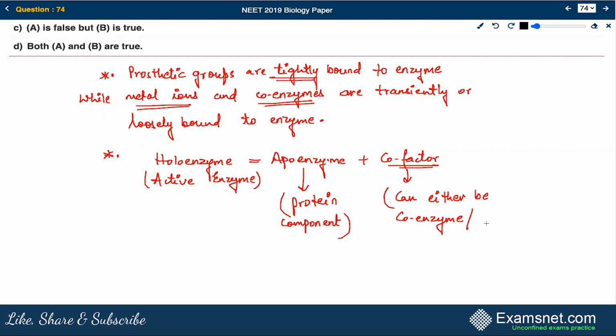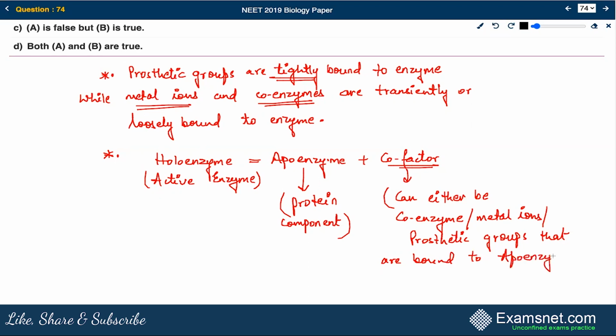Or they can either be metal ions, or they can either be prosthetic groups that are bound to apoenzyme. That means the protein component of the enzyme. Clear? So this is the case.